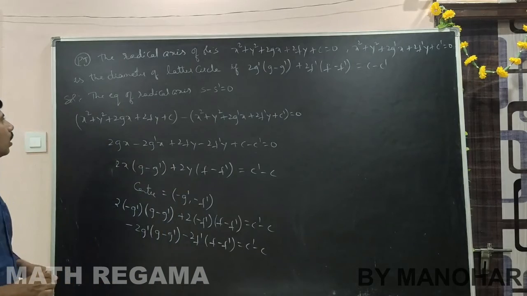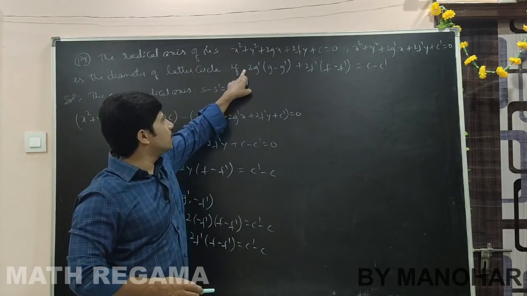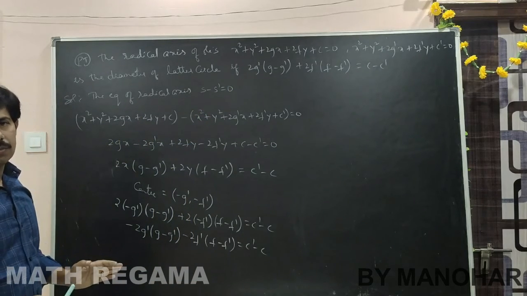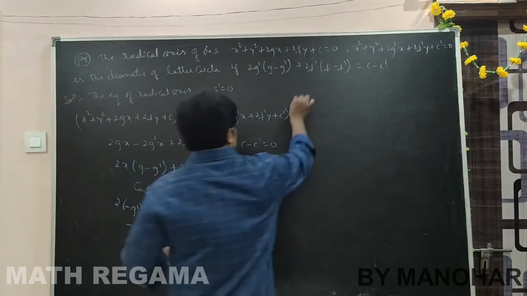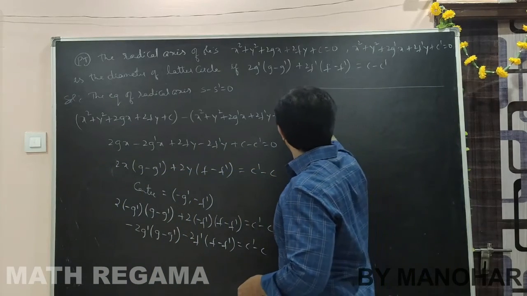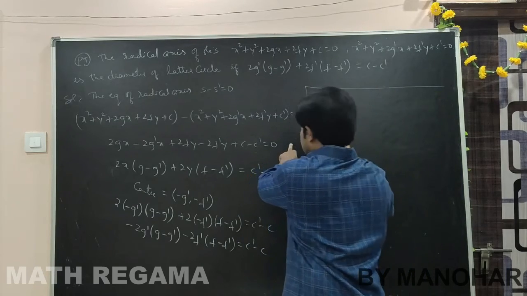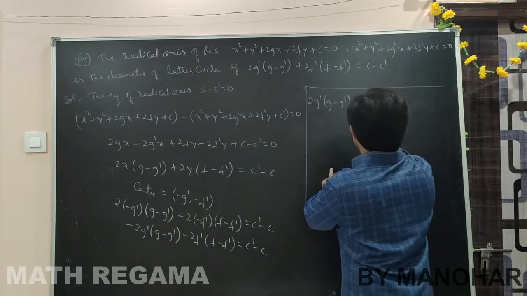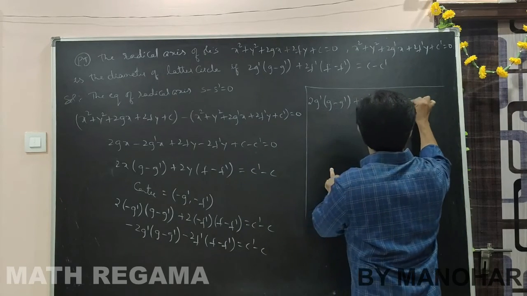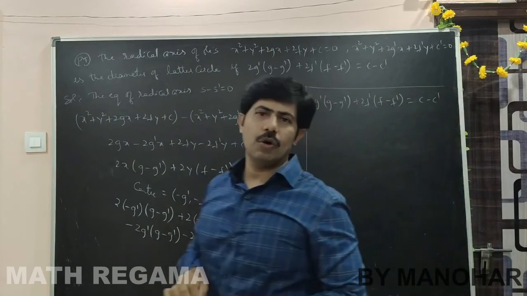See, what we have to prove here is 2g'(g - g'). The 2g' coefficient is positive, but here we got negative. So I'll take the minus sign common on both sides.